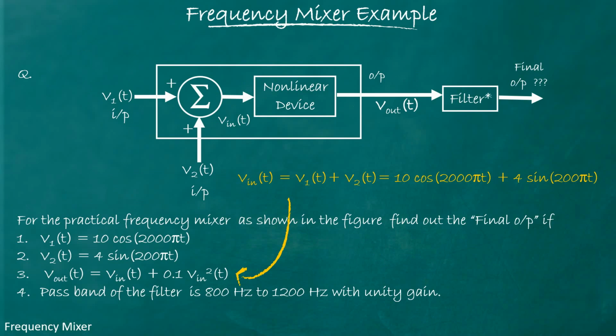So let's see one example. Suppose in this frequency mixer circuit, v1(t) is equal to 10 cos 2000 pi t. A signal is normally represented as cos omega t, where omega is equal to 2 pi f.